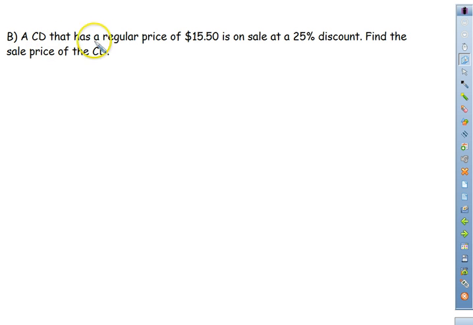It says a CD that has a regular price of $15.50 is on sale at a 25% discount. Find the sale price of the CD.